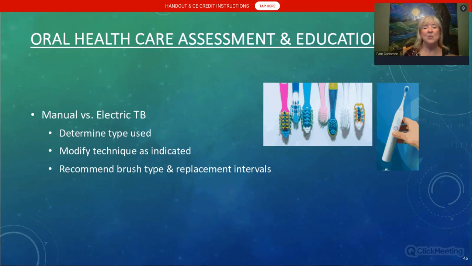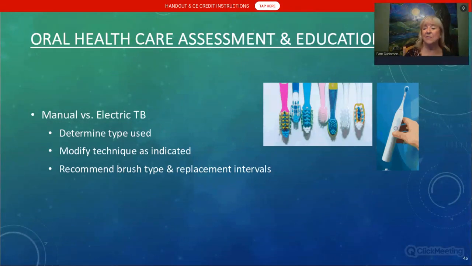Hopefully progress. We find out, are they using a manual or electric brush? And then we need to, based on how they disclose or what their condition is so far as their oral care, deliver appropriate care instructions based on what they're not doing. Encourage what they're doing, but what they're not doing, we want to make sure we're doing that.